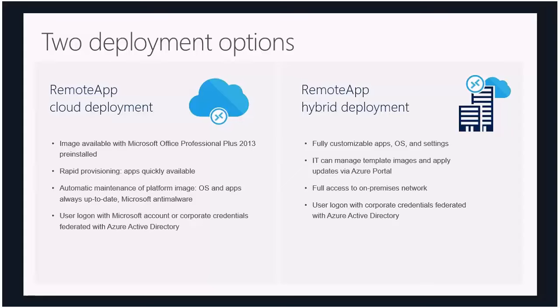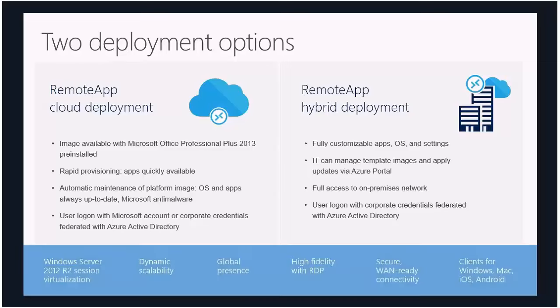And your users can log in with the corporate credentials federated through Azure Active Directory. So again, for our users, make a very seamless experience. Give them all of these applications delivered to your users, but again, as IT, not having to manage all of that day-to-day overhead, let us.